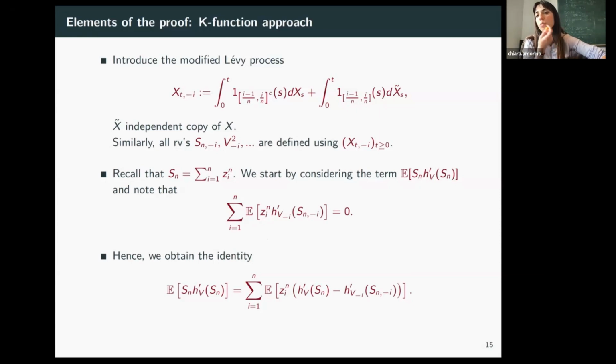And now with this small trick that I wanted to present just because it's nice, one can use the tower property and take the expectation of the conditional expectation with respect to Zi, but now the new process is independent from that sigma algebra, where you have what happens everywhere else.